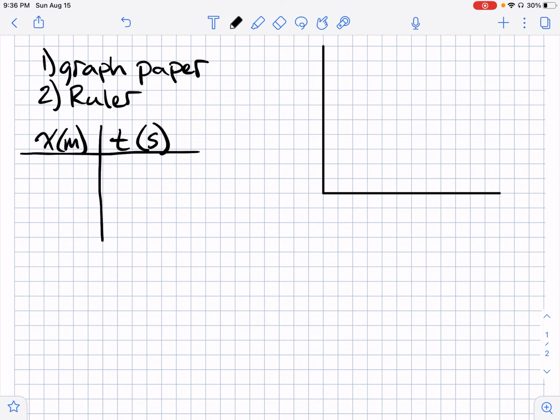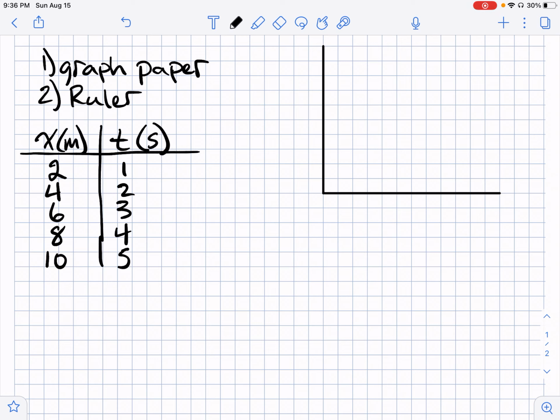For our position, it was 2 meters, 4 meters, 6 meters, 8, and 10. And my seconds were 1, 2, 3, 4, 5. Then we wanted to graph this data.